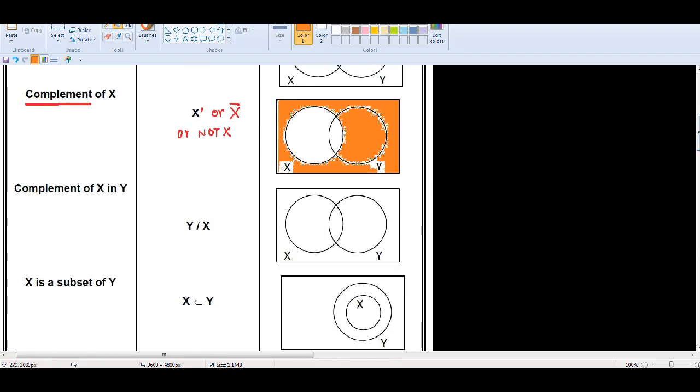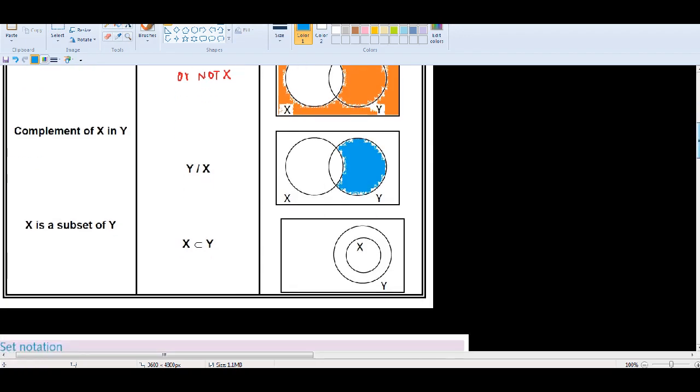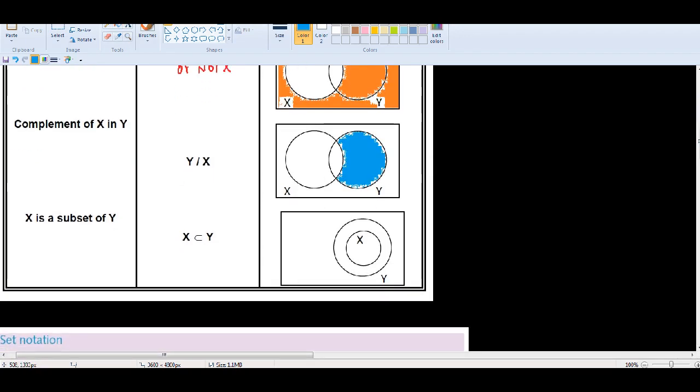Sometimes we are doing complement of X in Y. That means it's in Y, but you take away the portion which is also in X, so that's only this portion. That's in Y but not in X. That means the complement of X in Y. But this is not that popular, so you have possibly just learned it a little bit. That will be alright.